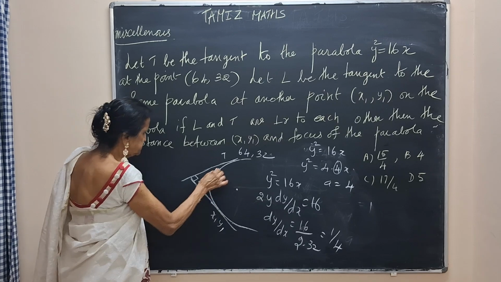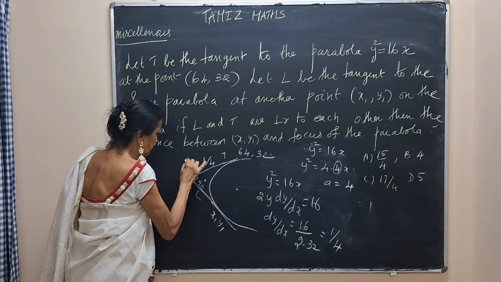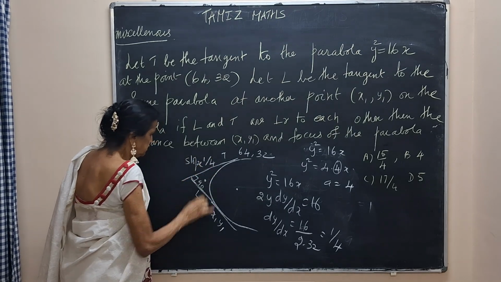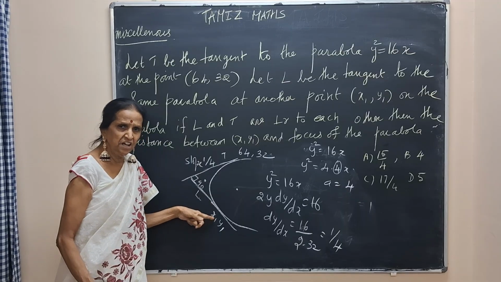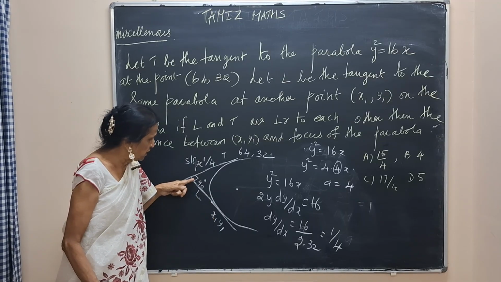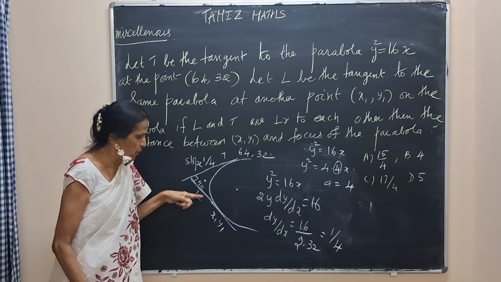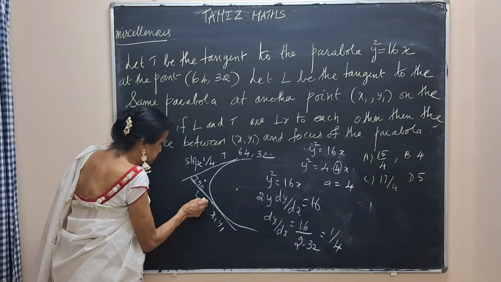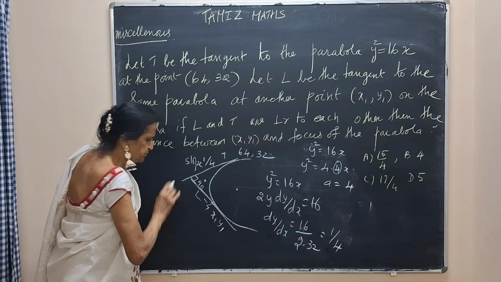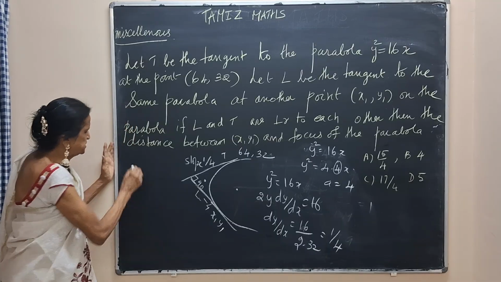So the slope of this line is 1 by 4. These two lines are perpendicular to each other. Therefore, the slopes will be negative reciprocals of each other. So the slope of this line L will be minus 4. Keep that to yourself.